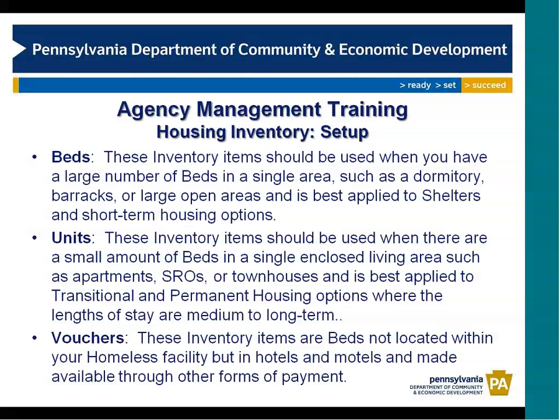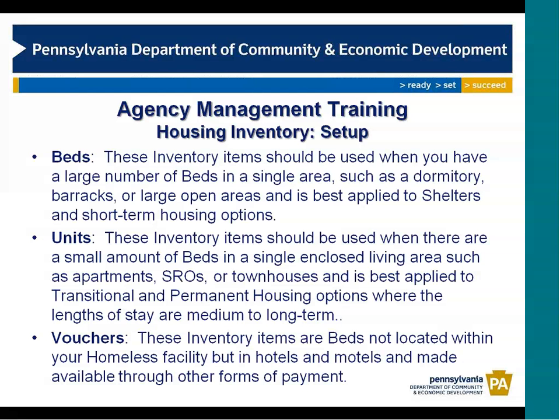They're best applied to things like transitional housing, permanent supportive housing, permanent housing places where lengths of stay are medium or long-term, where you put families or maybe single apartments for special need clients. Because when you create units, you're creating the container plus the individual beds within a unit. You're not just assigning people, here's 4 people in a unit. You actually need to put them in the unit plus the individual beds.